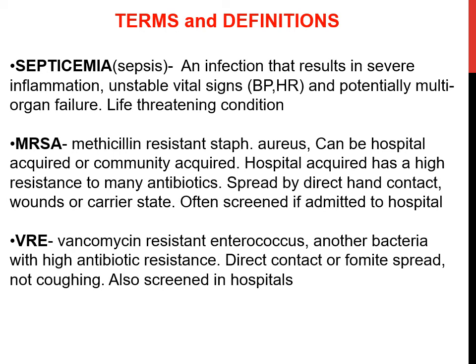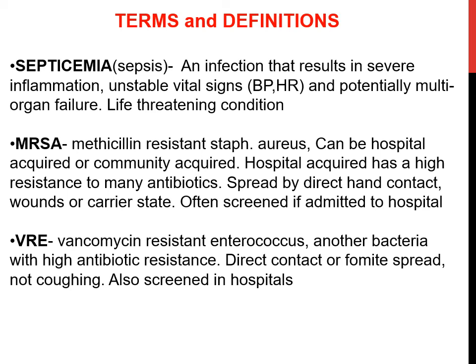That's it, bacteremia. When it causes the body to set up a severe inflammatory response with unstable vital signs, so low blood pressure, fast heart rate, potential organ failure, such as your kidneys start to fail, your brain is not functioning so you're confused, you're very ill with this condition because you have bacteria, plus you have this incredible inflammatory response from the immune system trying to fight it, and it's creating very unstable vital signs and multi-organ failure.